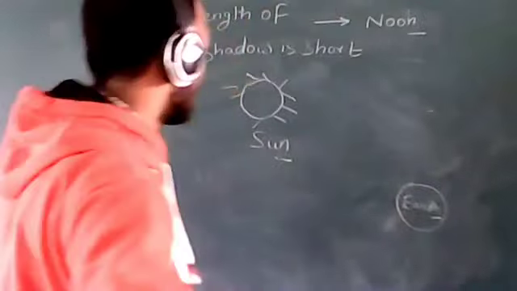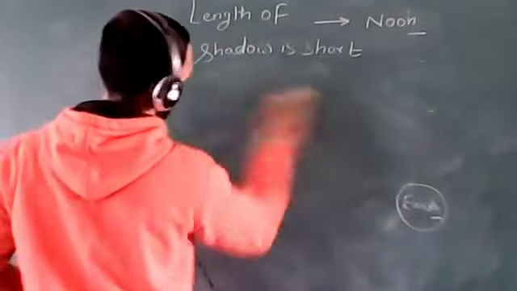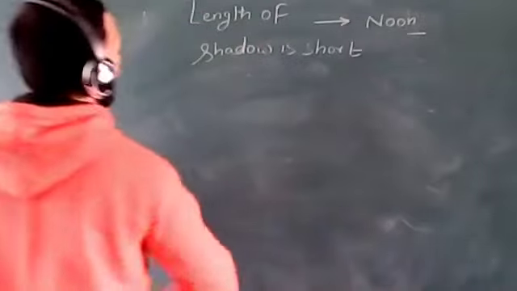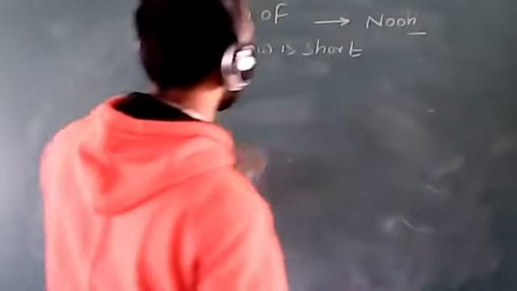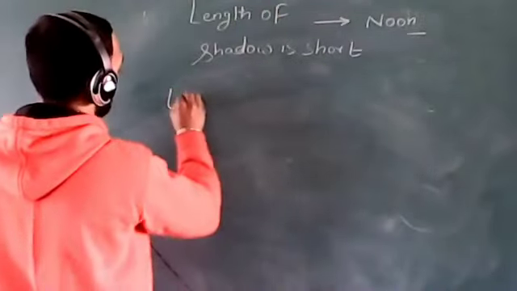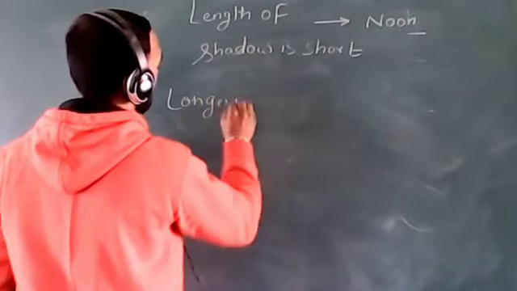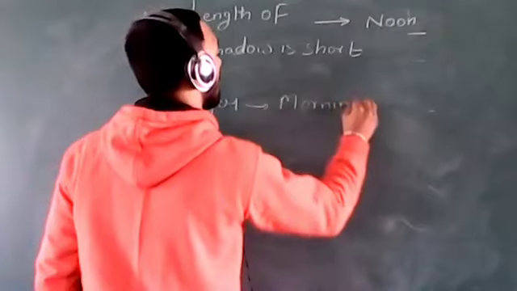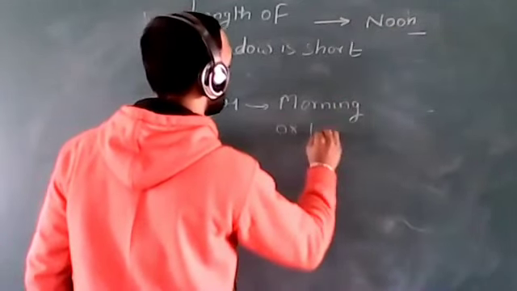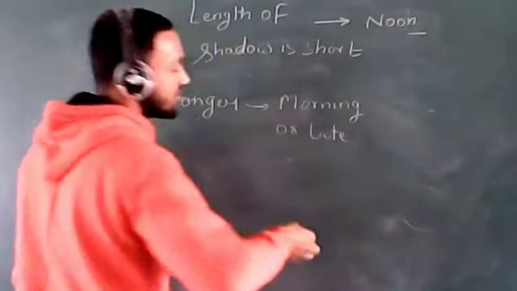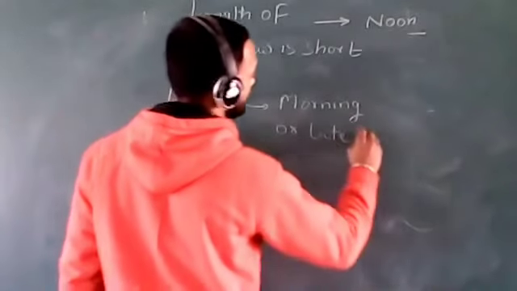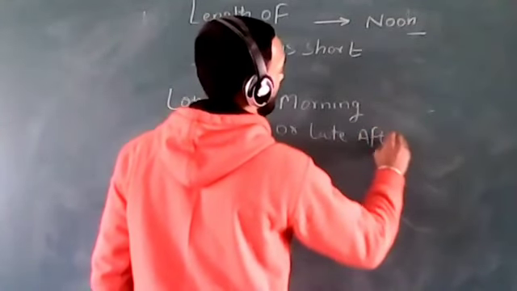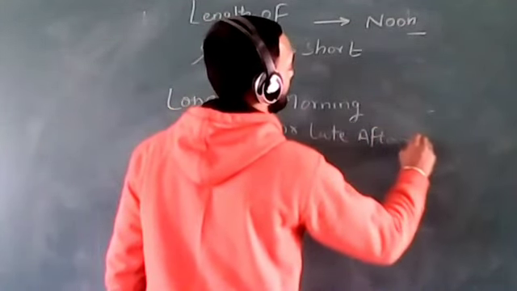The conclusion is, the length of the shadow is shorter at noon time and longer in the morning or late afternoon, or we can say just at the time of sunset.